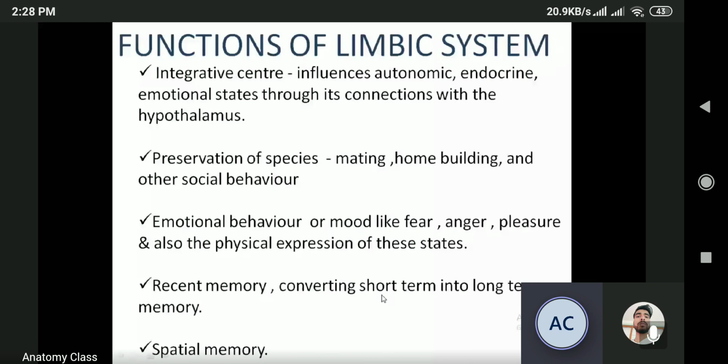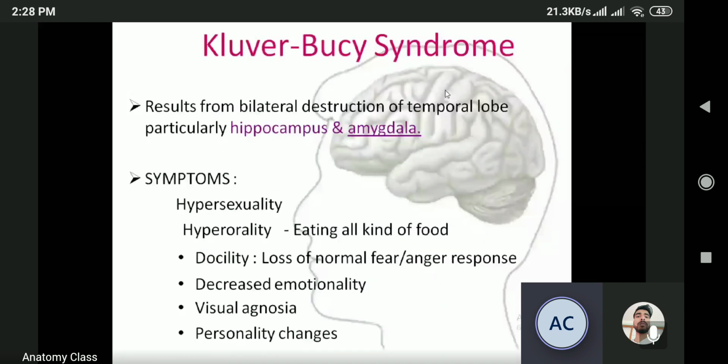After this we'll go for some of the applied aspects associated with the limbic system. One of the important syndromes is Kluver-Bucy syndrome. This syndrome results from bilateral destruction of the temporal lobe, particularly including the hippocampus and amygdala. If bilateral destruction of the temporal lobe occurs with involvement of the hippocampus and amygdala, what happens?